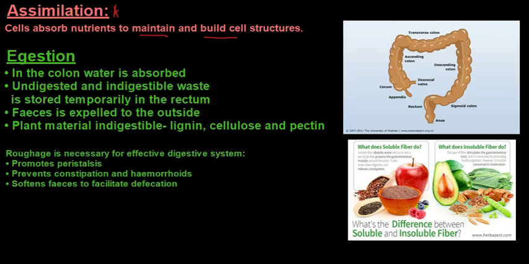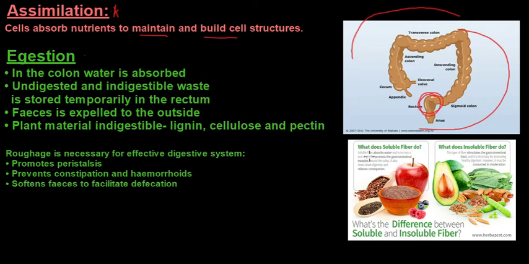Egestion. So egestion is the final part of this long process that we've looked at. With egestion, the final portion is in the colon. So in the colon, water is absorbed, and undigested and indigestible waste is stored temporarily in the rectum, that area over there.